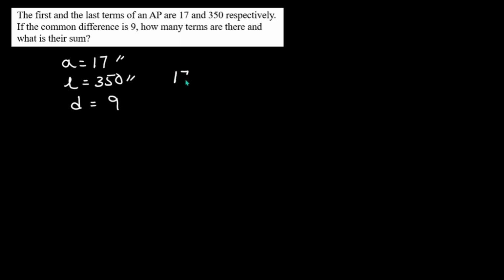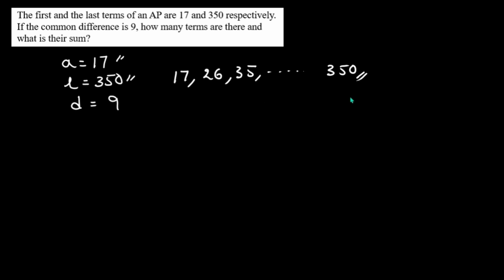What is the series then? 17 plus 9 is 26, then 35, etc. And the last term is 350, right? You need not write the series for your understanding, I have just written it. So this is the series.